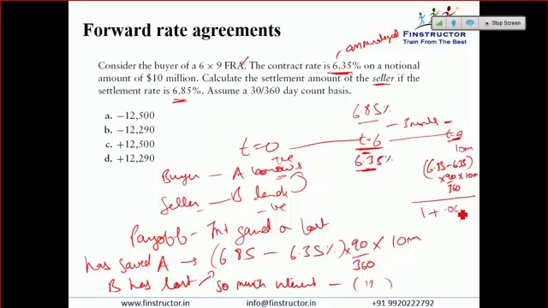So 1 plus 0.0685 into 90 by 360 is what we would do to compute the payment at t equal to 6. So the payoff is the interest gained or lost, but it is settled at expiration. Hence, we compute the present value, and that is the amount the winner will pay the loser. In this case, the lender will pay the borrower. If interest rate had gone down to 6%, then by a similar calculation, the borrower would have paid the lender.